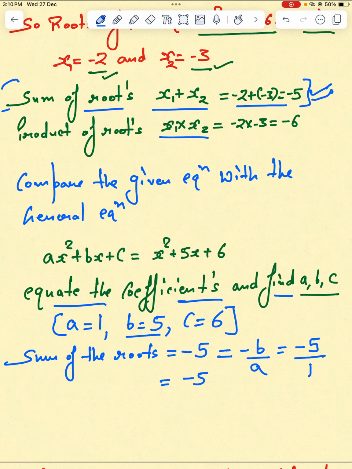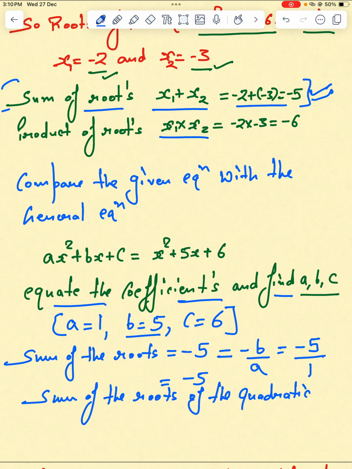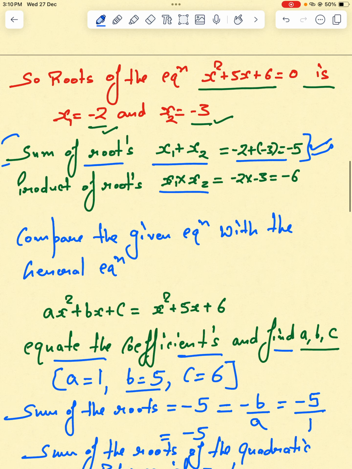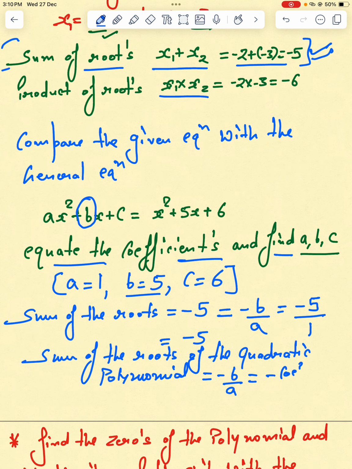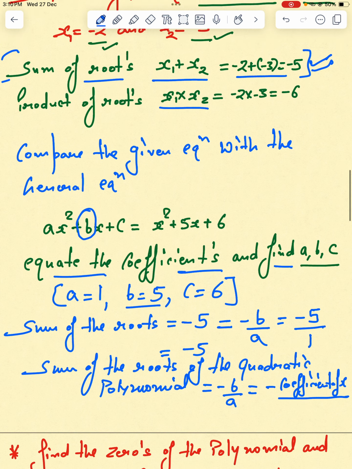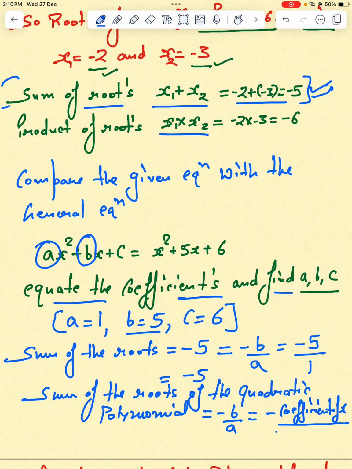So if I generalize, the sum of the roots of the quadratic polynomial is minus b upon a. Or I can say, what is b? b is the coefficient of x, so I can write minus coefficient of x divided by, what is a? a is the coefficient of x square.